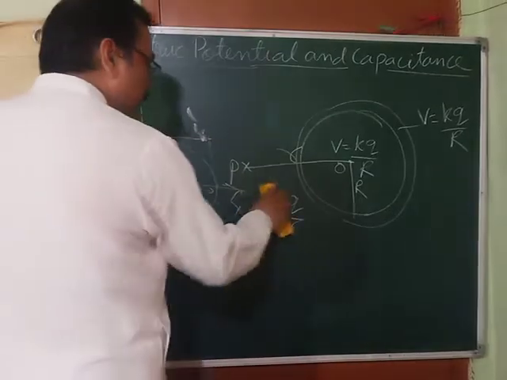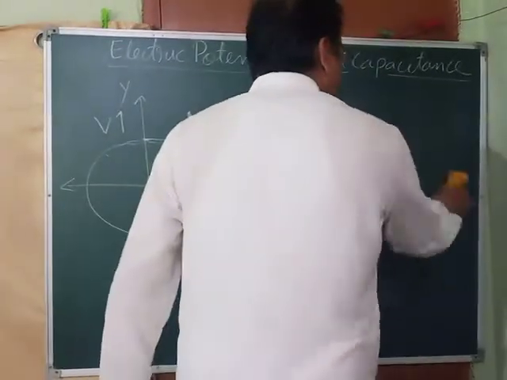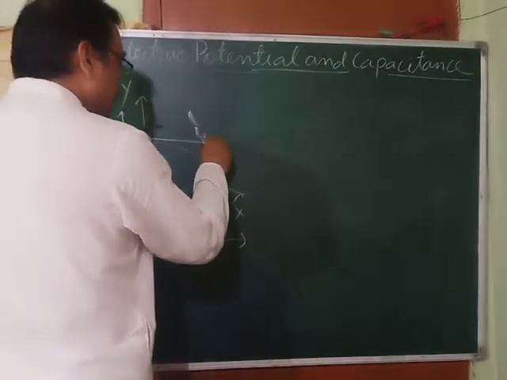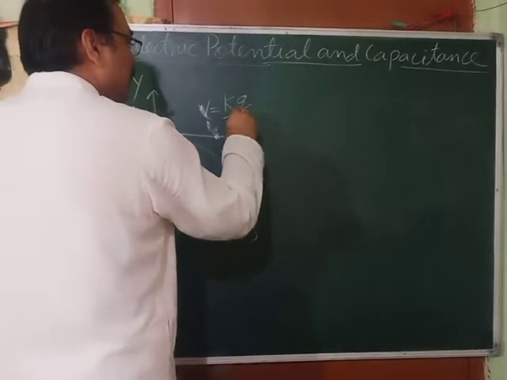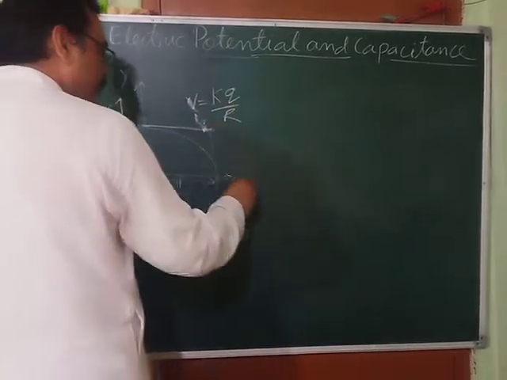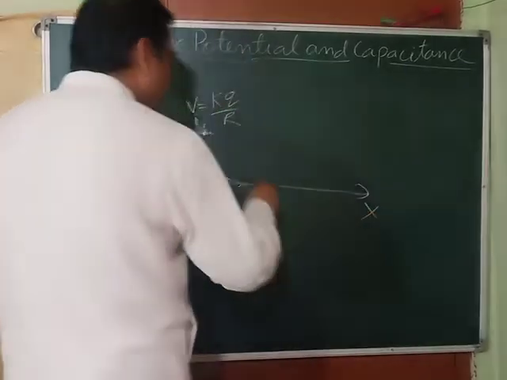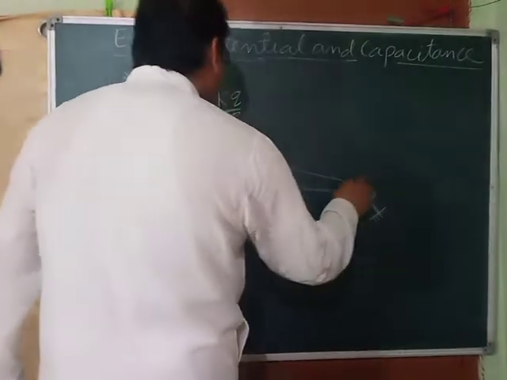So in order to draw this graph, we have to delete this first. Now see, till here it is V equals KQ by capital R. And from here onwards, we can take this x-axis till here, it will keep on decreasing. Why?